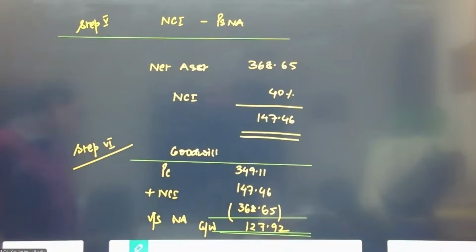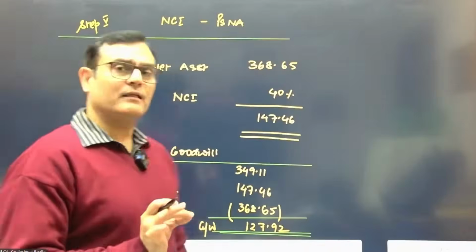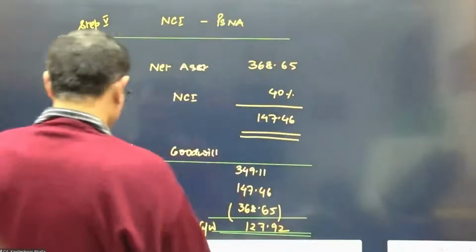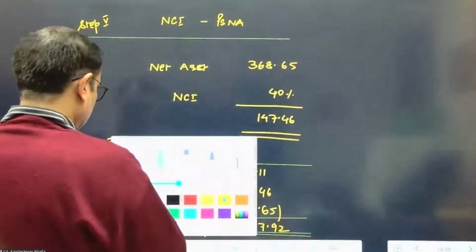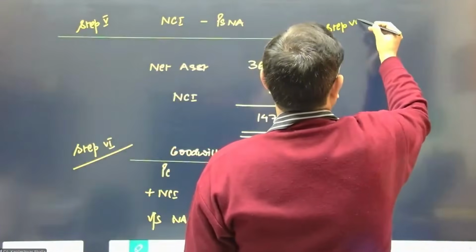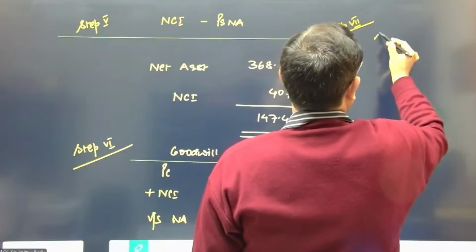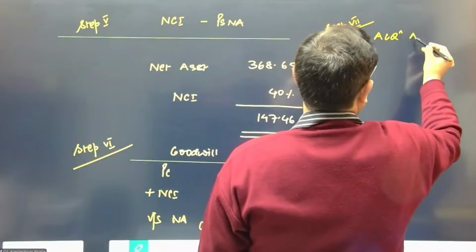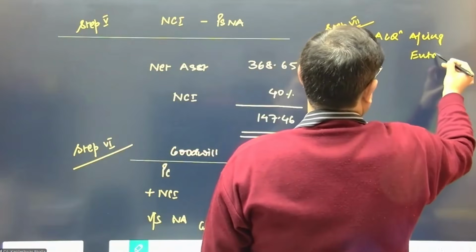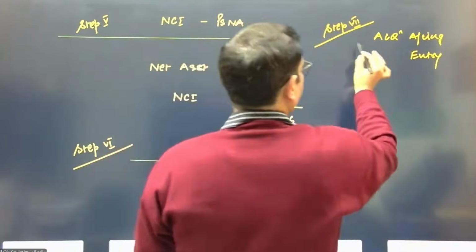Now, on the safe side, we'll organize the entry in terms of step number 7 as well, acquisition accounting, though I think it's going to perfectly tally. So let's look at step number 7 as well. This is looking at the acquisition accounting entry, just organizing the data from the previous steps.